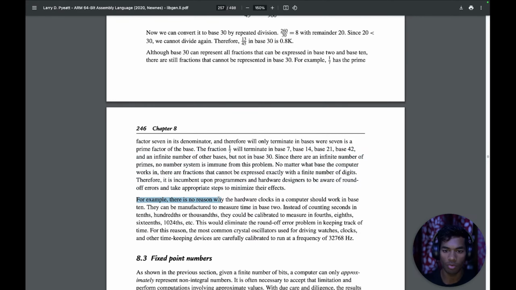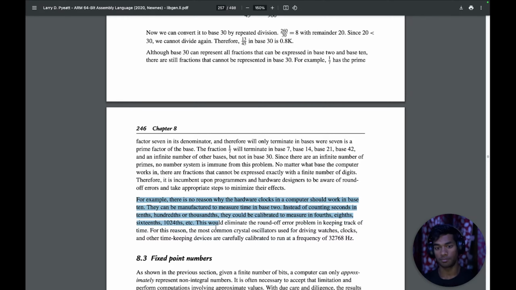For example, there is no reason why the hardware clock in a computer should work in base 10. Clocks can be manufactured to measure time in base 2 instead of counting seconds in tens, hundreds, and thousands. They can be calibrated to measure in fourths, eighths, sixteenths. This would eliminate the rounding-off error problem in keeping track of time.